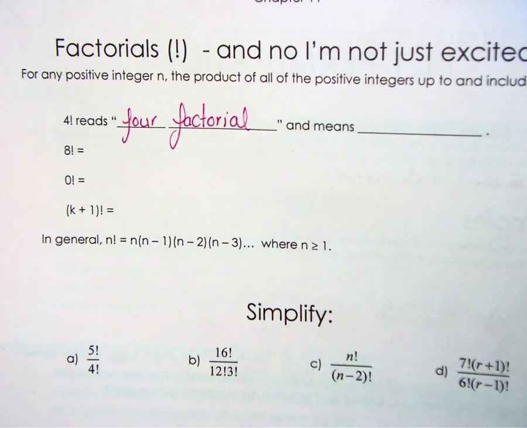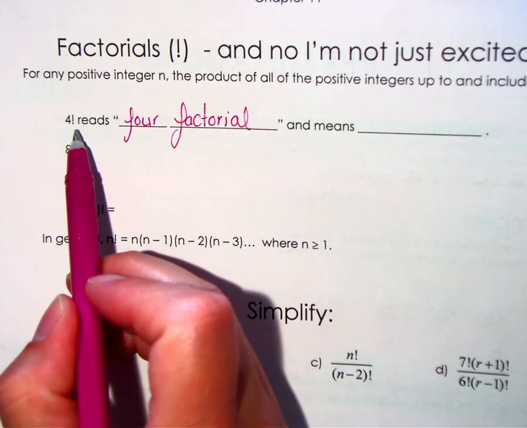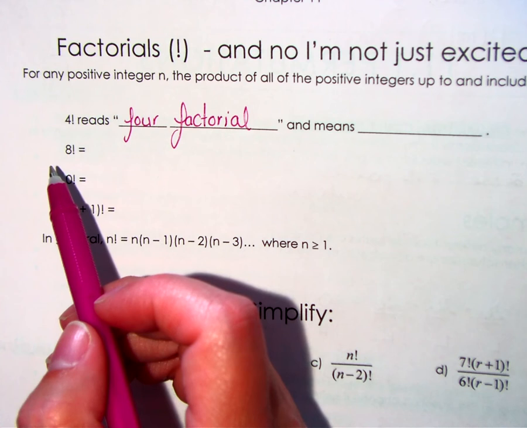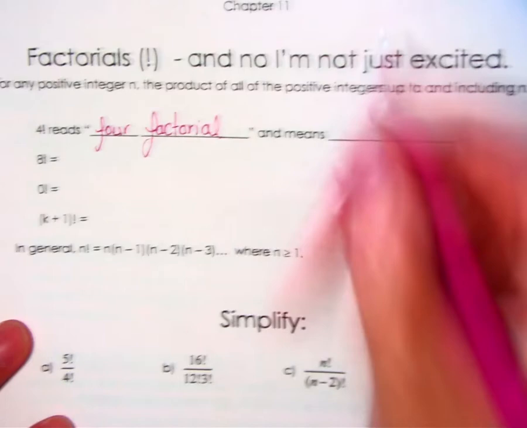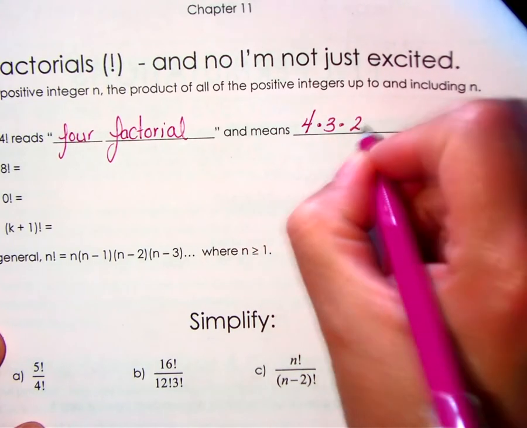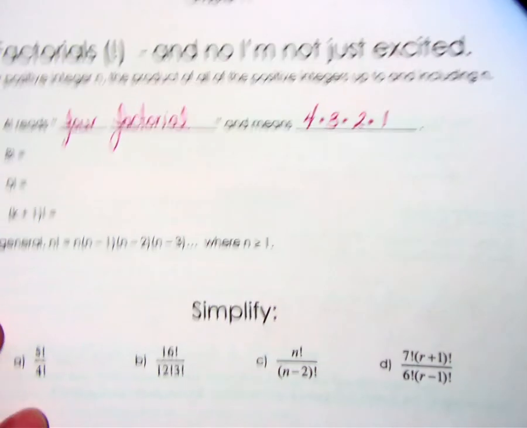Okay, so factorials, that exclamation point in math means something very, very specific. It's a way to write these combinations a little bit faster. So if I have 4 exclamation point in math, it reads 4 factorial. And what that mathematically means is 4 times 3 times 2 times 1.